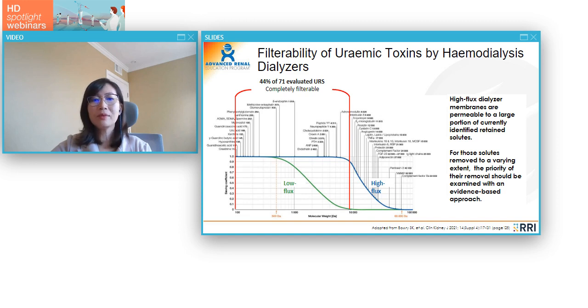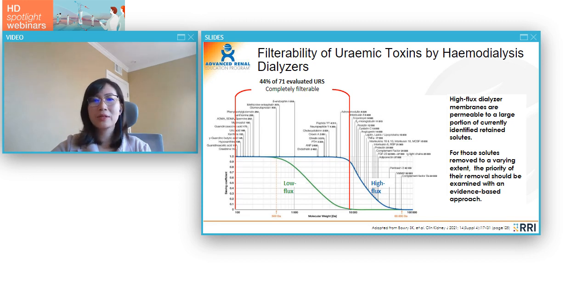So a large amount of the toxins that have been identified could already be removed efficiently with current hemodialysis technology. On the left-hand side of the figure, there are some molecules that were removed to a varying extent.